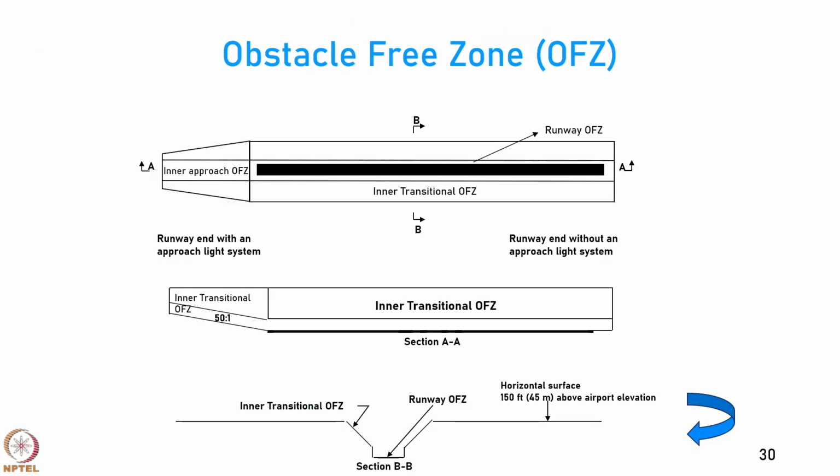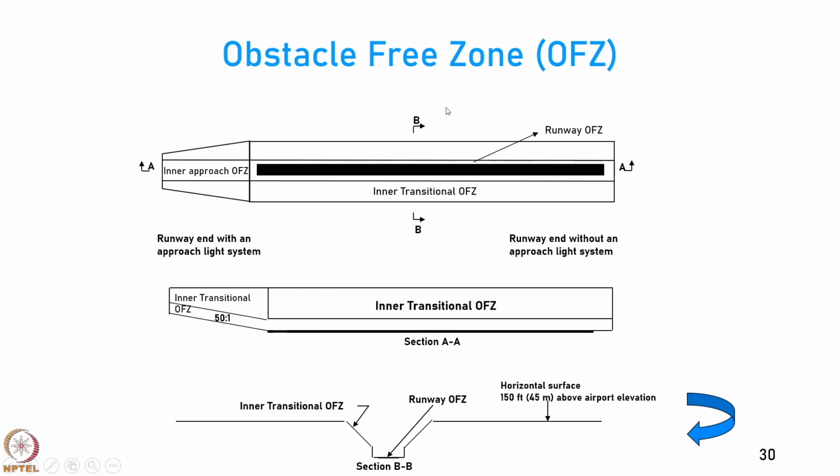And if you want to have a look at the obstacle free zone from various directions, the one on the top is the top view. If you take a cross section across AA, across the runway center line, you can see that this dark line here becomes the runway, and then you have this 50:1 angle, and this area is the inner transitional object free zone, and this is also a part of that same thing.